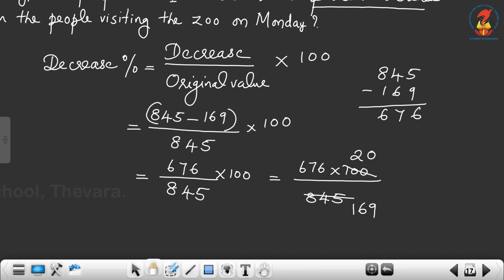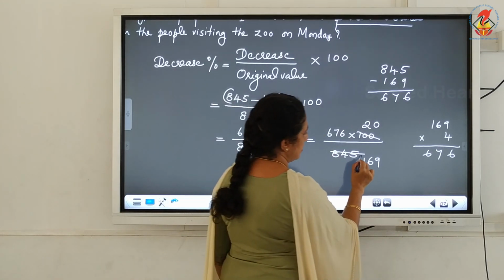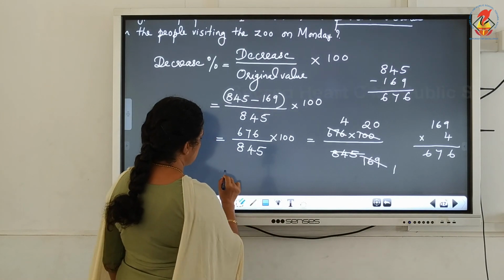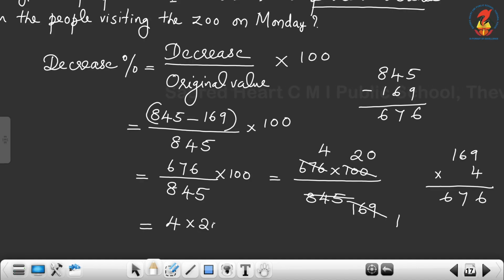Now look at that, whether we can cancel 169 and 676. 169, 4 times, what is that? 676. So using 169 we can cancel. Here it is 1 time, here it is 4 times. So which is equal to 4 into 20, that is 80.